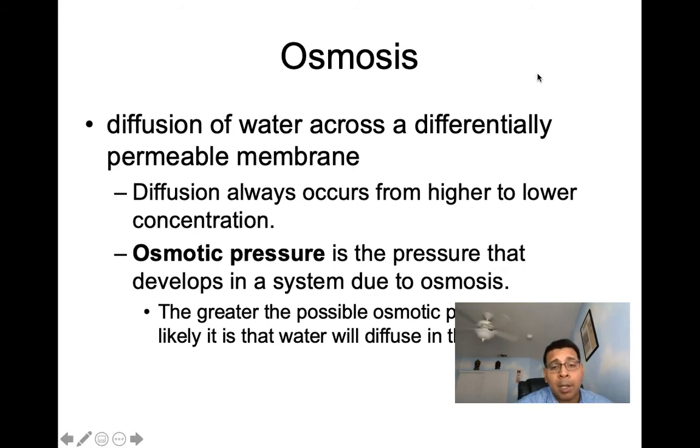Now, osmotic pressure is the pressure that develops in a system due to osmosis. The greater the osmotic pressure, the more likely it is that water will diffuse in that direction.